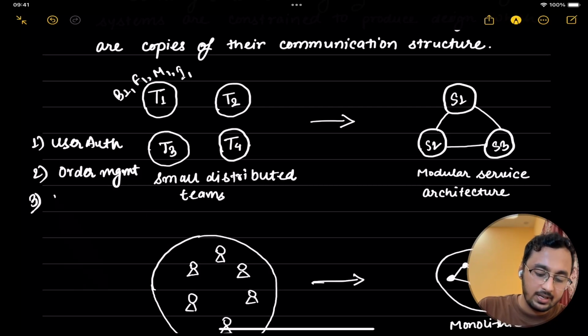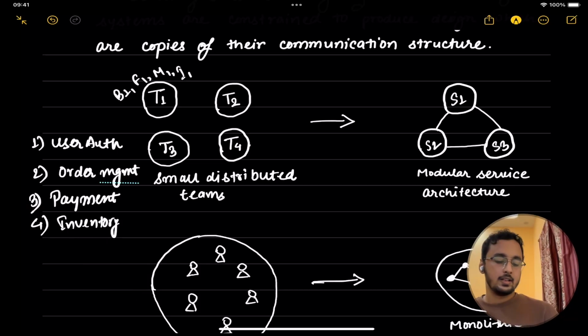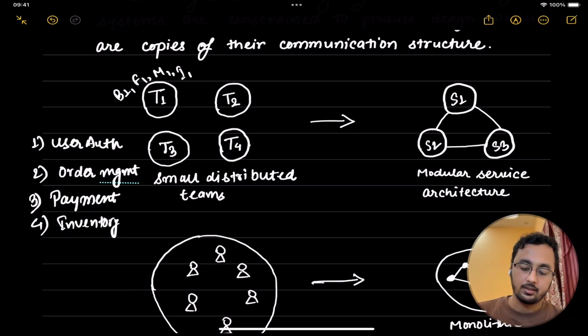The third one can be payments. And let's say the fourth one is inventory. There is definitely more business logic in a monolith or in an e-commerce website, but we will focus on these four at this moment. So let's say team one is responsible for user auth.